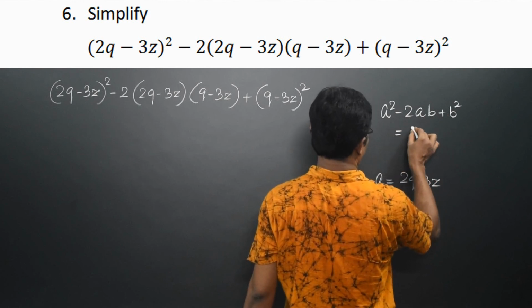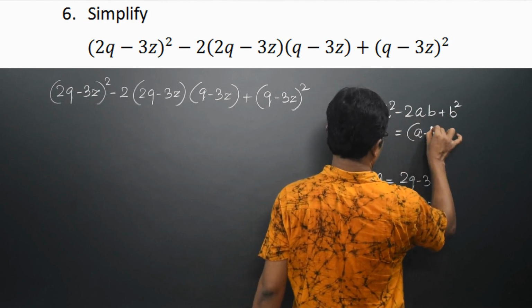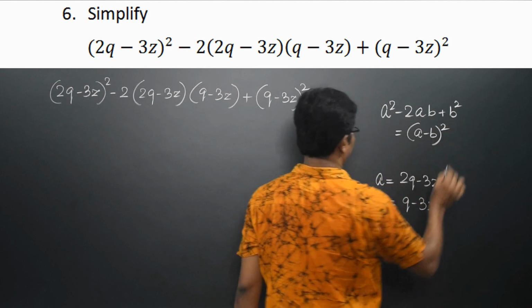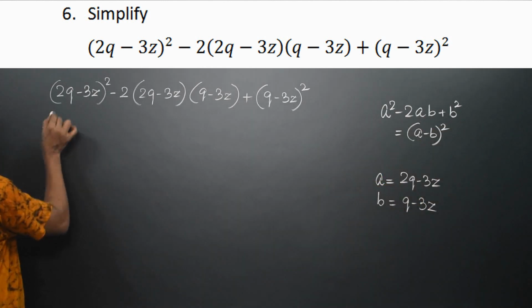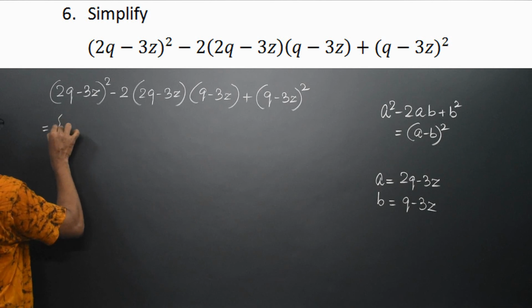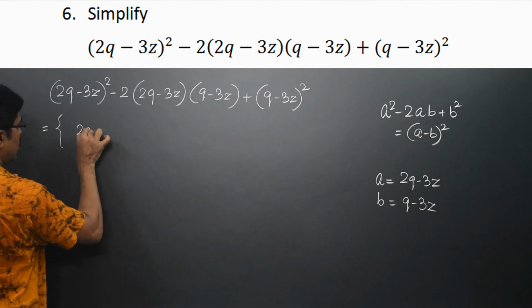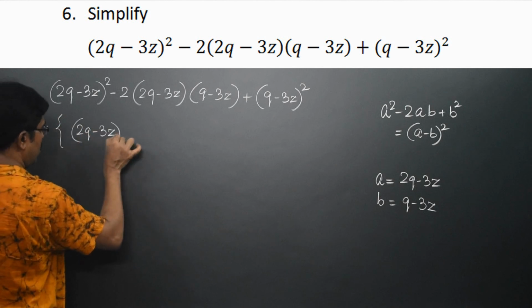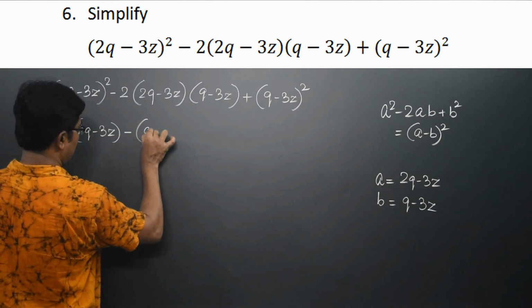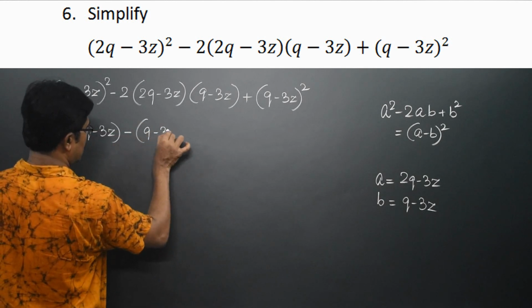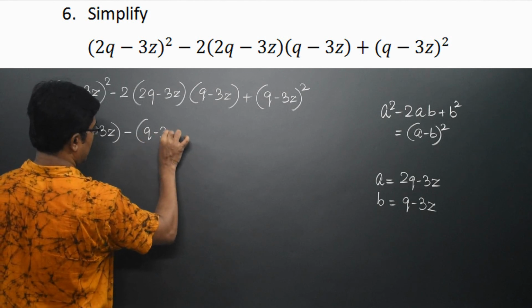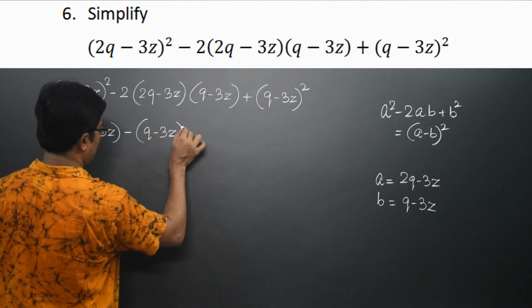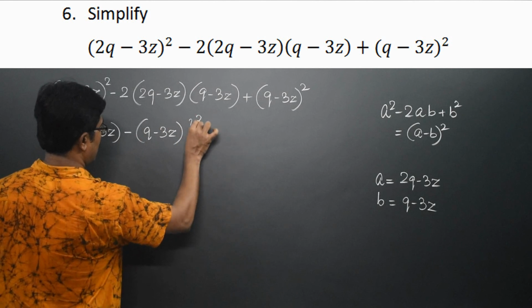So it can be written as a minus b whole square. So it is equal to a, that is 2q minus 3z, minus b, that is q minus 3z, whole square.